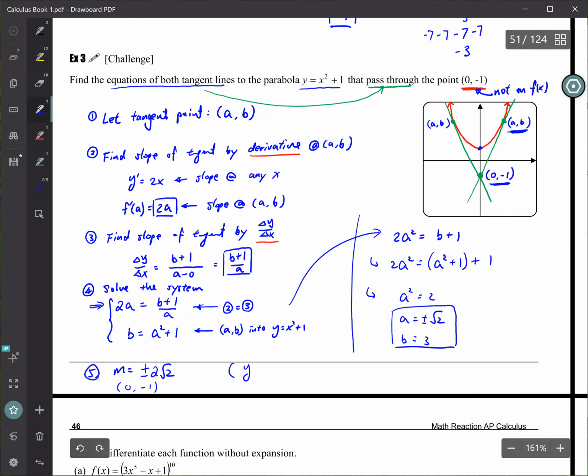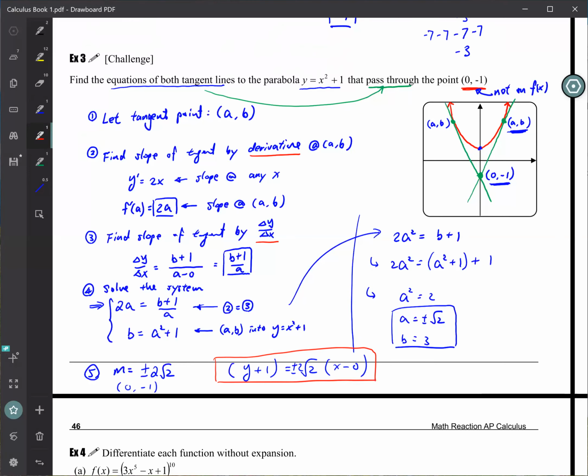Y plus 1 equals 2 root 2, sorry, bracket x, and then the second one would just be the same thing but with a negative slope. Yeah, okay, so plus minus. So you can leave your answer like that, right? Unless they say, please write out slope y-intercept. You can check answers. Sometimes they leave it in different forms.